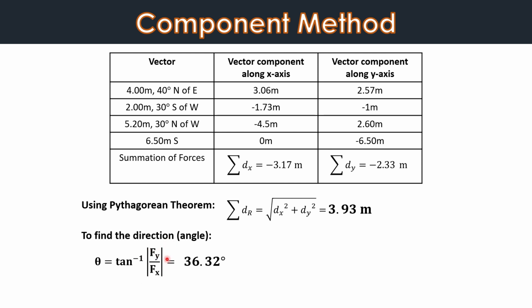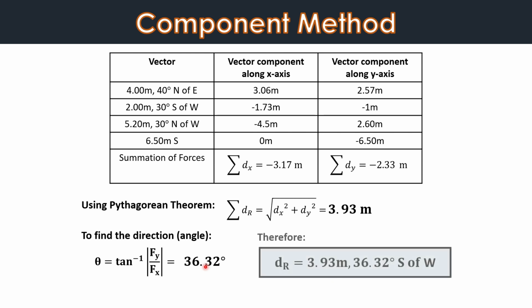Now, nonetheless, pagsamahin na natin as our final displacement, we will have this one. 3.93 meters, 36.32 degrees south of west. Bakit siya south of west? Because yung direction natin along x and y, I mean the summation of components ay negative. Okay? So dahil mauna yung direction na y-axis, dito tayo sa component, the summation of component along y muna.